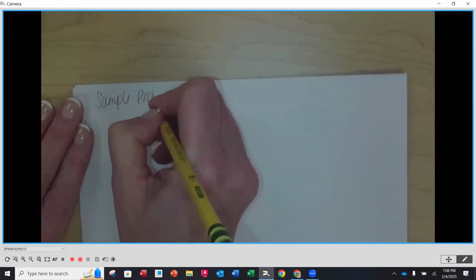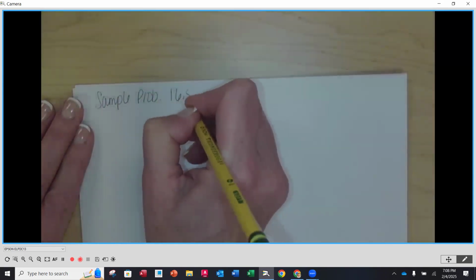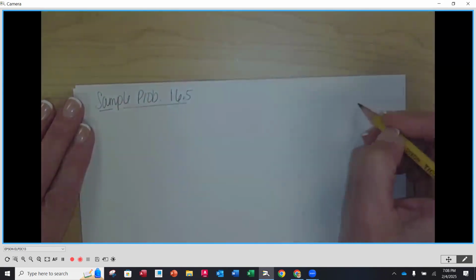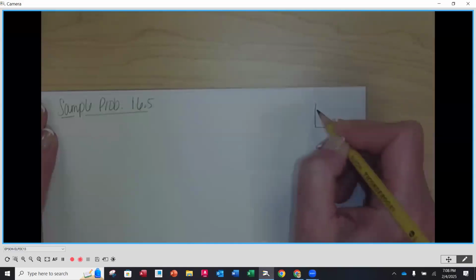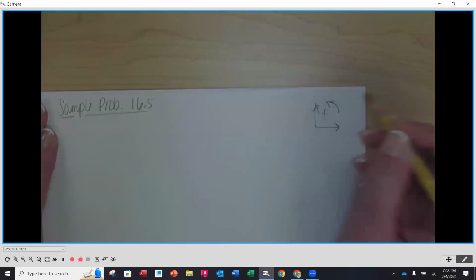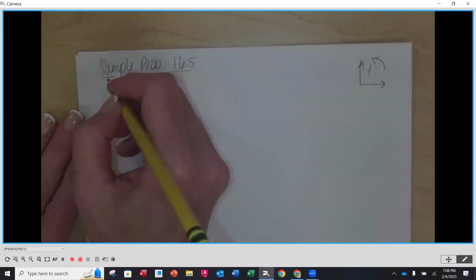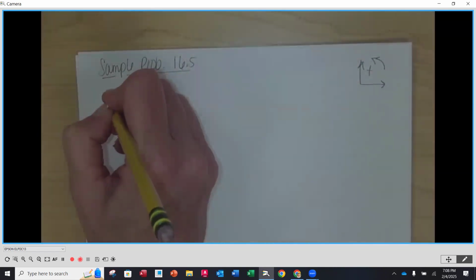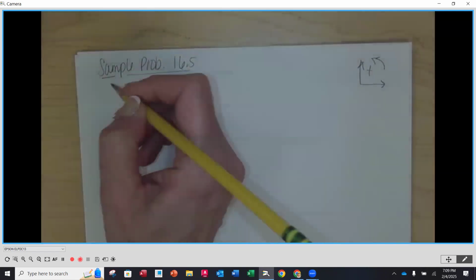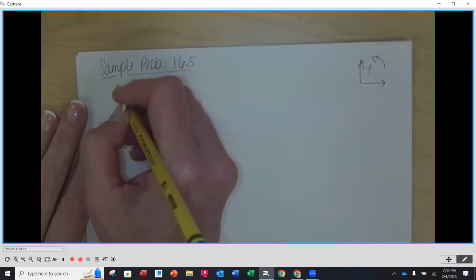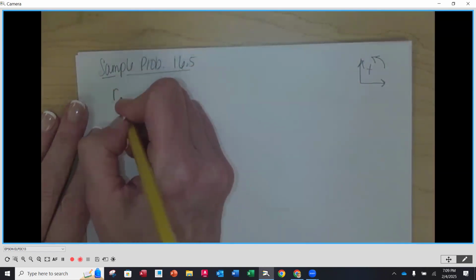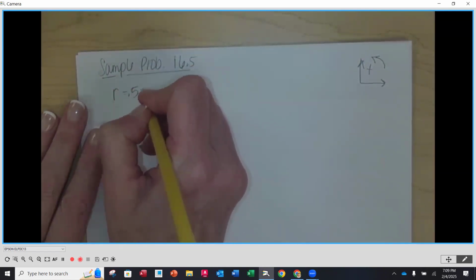So this is sample problem 16.5. We're going to put our convention in the upper right-hand corner. It gave us the radius of our disc, equal to 0.5 meters.